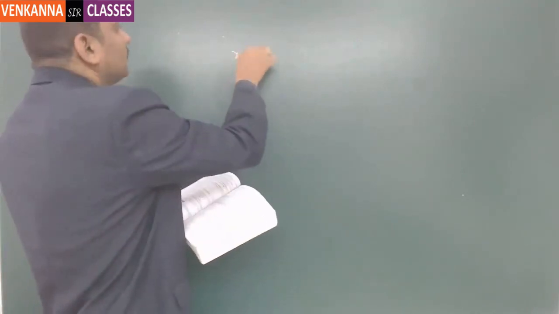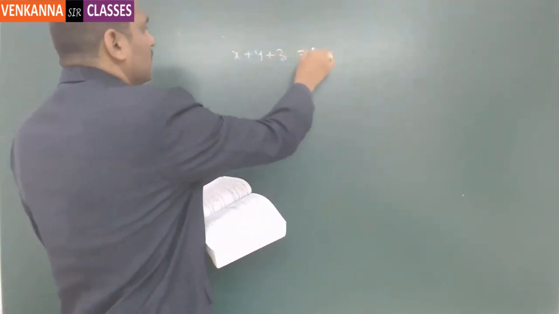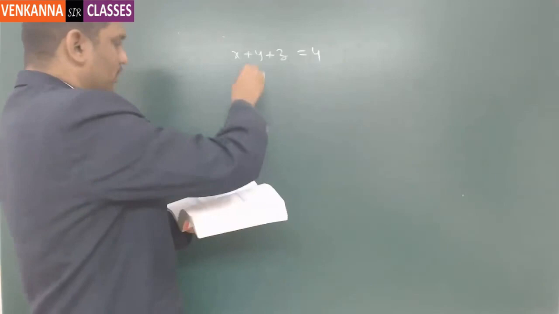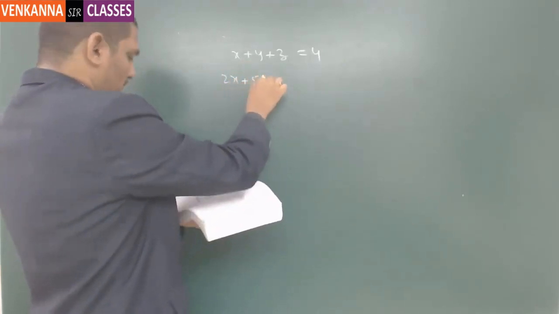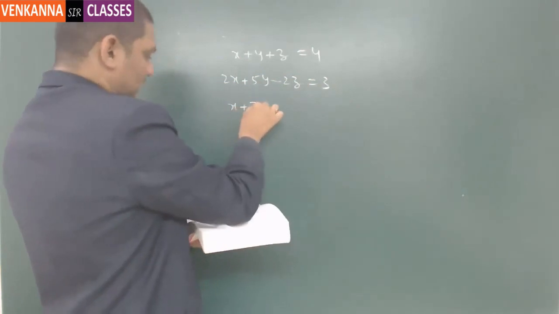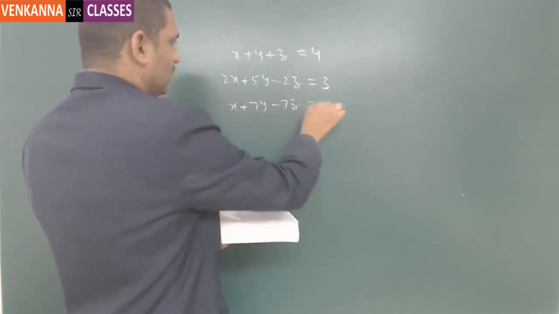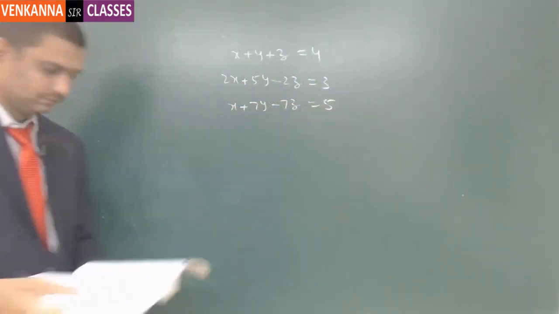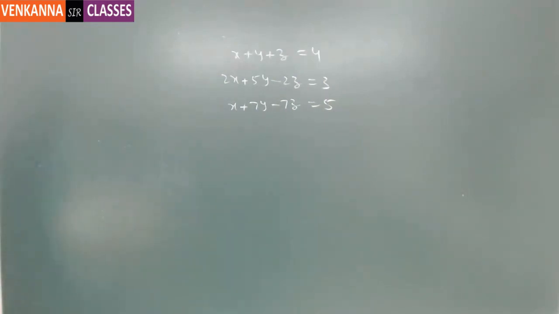So let us take the problem: x plus y plus z equal to 4, 2x plus 5y minus 2z equal to 3, x plus 7y minus 7z is equal to 5. Now the thing is, we are going to verify whether the system is consistent or not. If it is consistent, then we are going to find its solution.